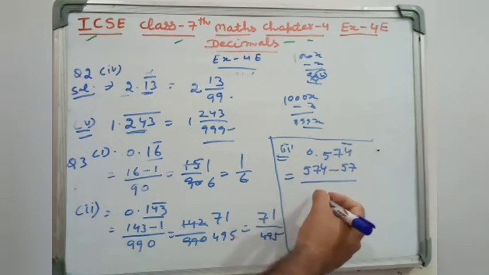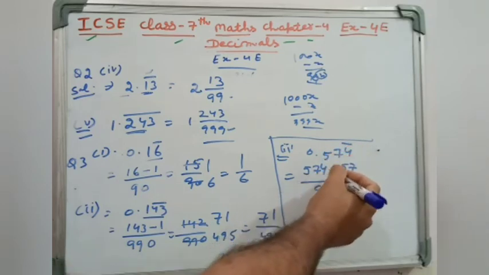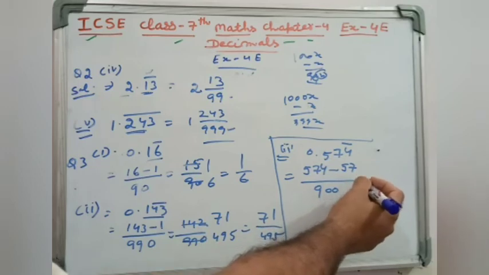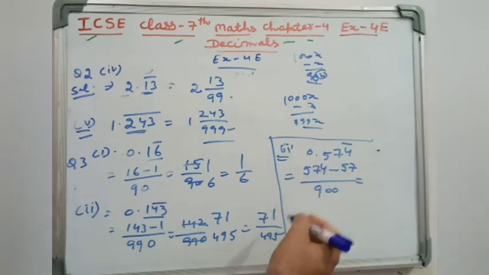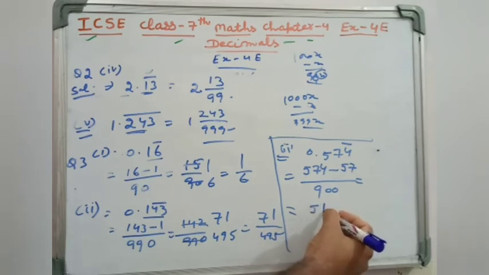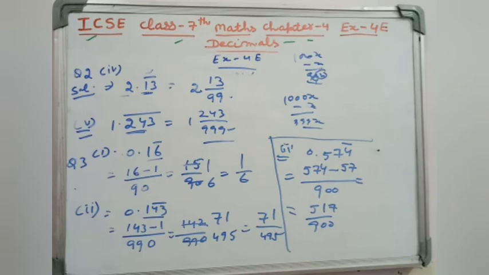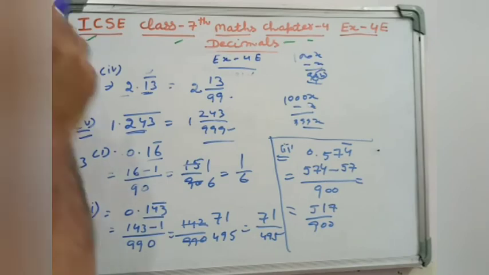Now 4 is under the bar, so 9, and there are 3 digits, so we will make it 900. So 574 minus 57 is 517, we will have 517 upon 900. Right? This is our answer.